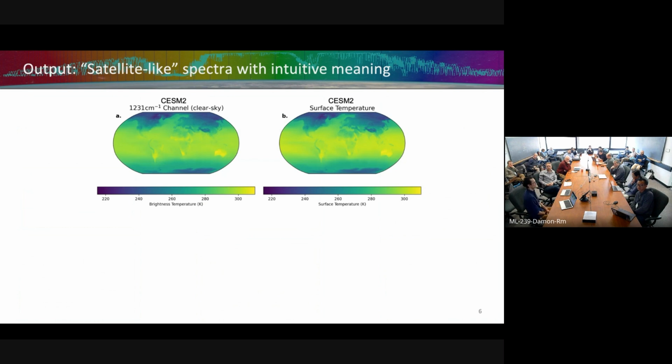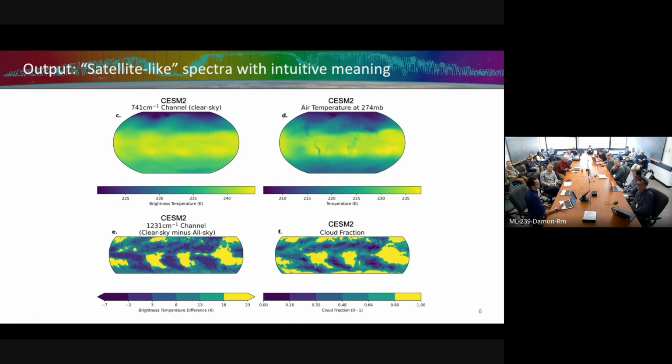The idea here is that there's a reason that we all work with state variables when we're evaluating models, and it's because these spectral fields can be non-intuitive. But when we work with the folks who have a lot of precise knowledge about what these fields mean, we can actually do our evaluations in this direct space where, again, there's a lot less structural uncertainty. So basically, I'm just showing that this spectral field is almost a 1-to-1 comparison with surface temperature.